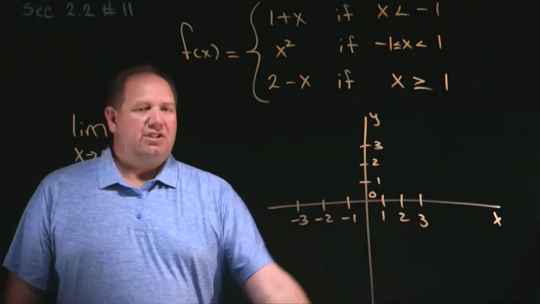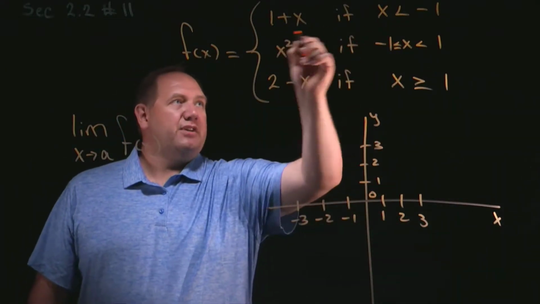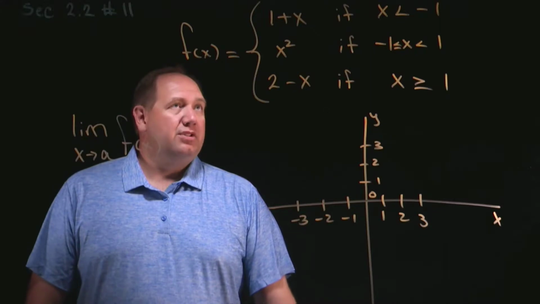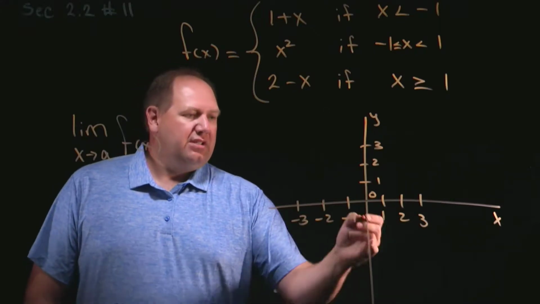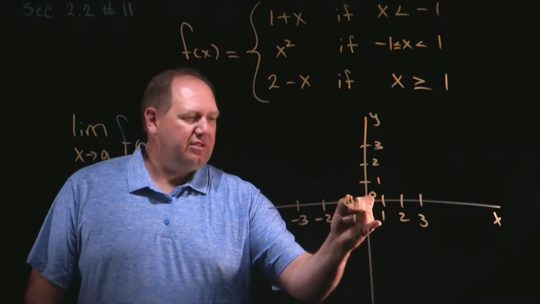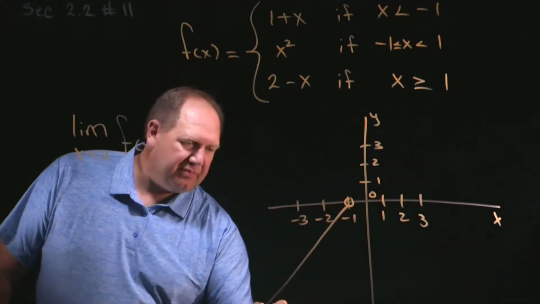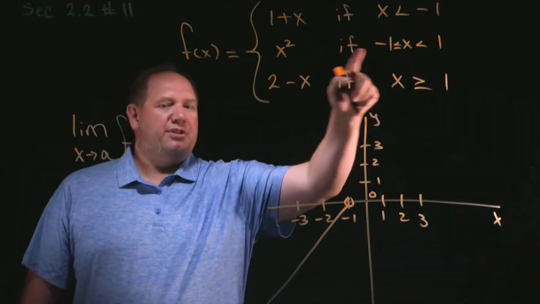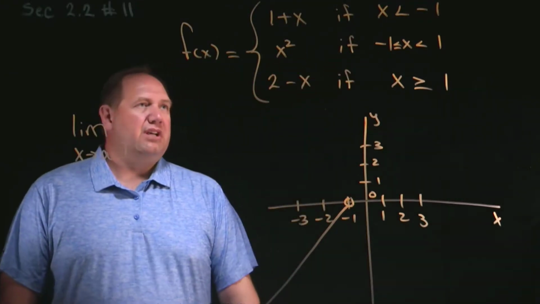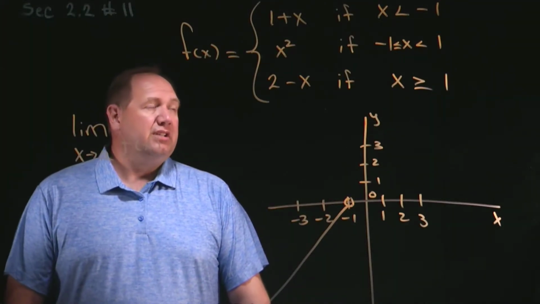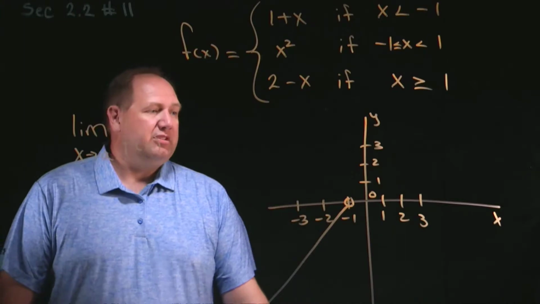Okay, so the first part of our piecewise function says for values less than -1, we're supposed to use 1 plus x. So this would be for values less than -1, so an open circle here, and it's going to be something like that. Then for the second part, we use x squared if we're between, including -1 up to +1, but not including that.